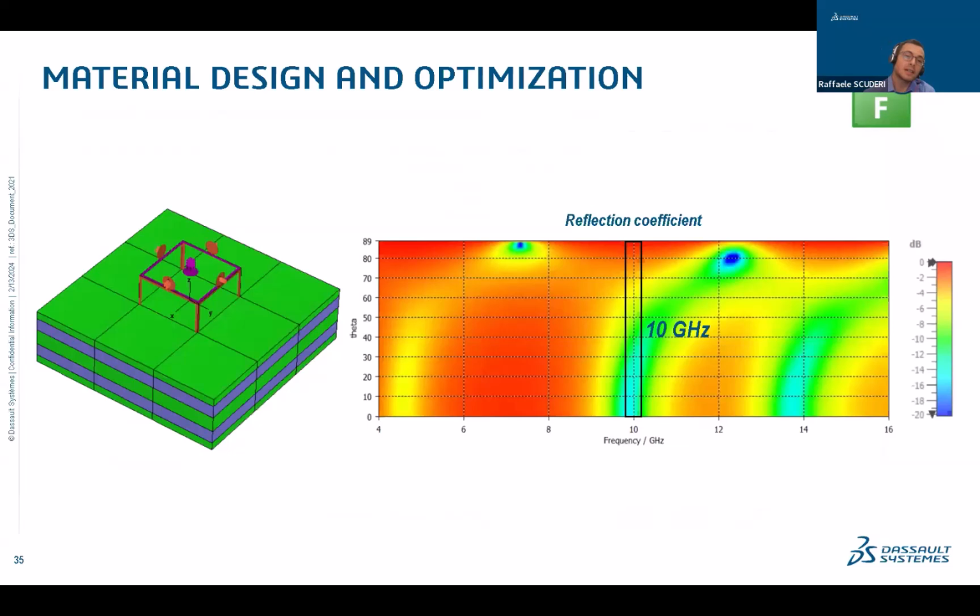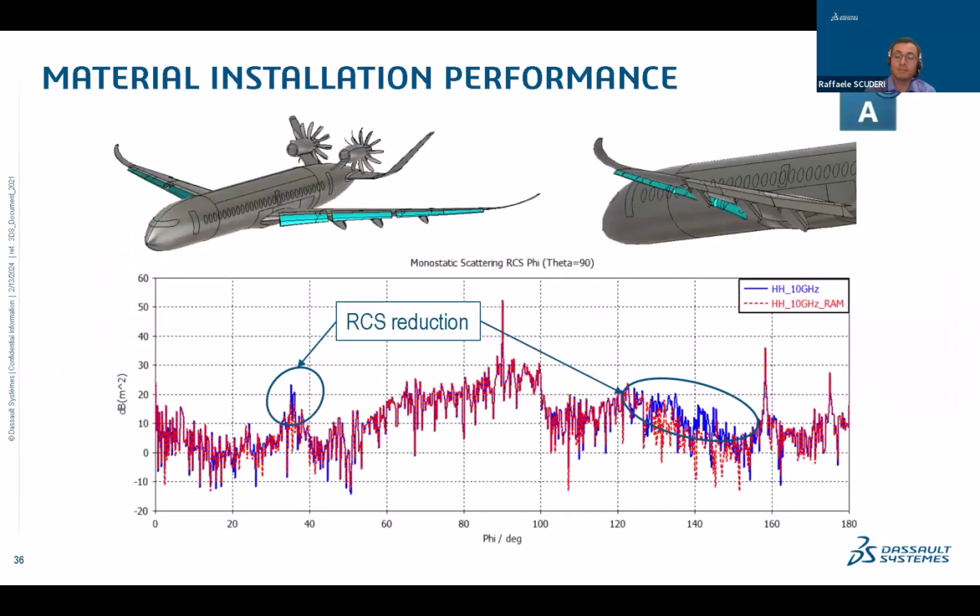And similarly to the case of the FSS, I've also designed a radar absorbing material here at 10 gigahertz using the same approach. So again, I started from this layered structure, as you can see here, and I optimized the structure to absorb at least 10 dB at 10 gigahertz. Let's see how you use that in practice. So first stage, optimize the material itself, and then the installation on the platform.